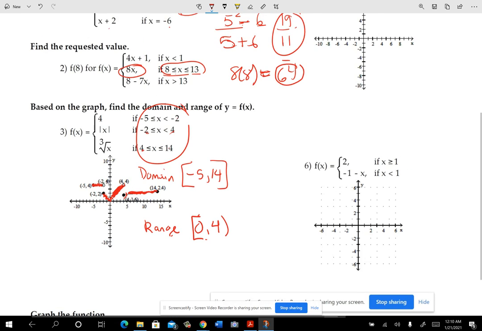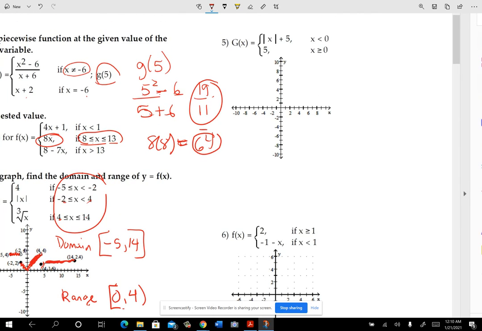Okay, let's go ahead and look at these two because they're in this snip, and then we'll come back and do the other one. So here it works well to think, okay, x equals 0 is where I'm going to break my graph. When I'm to the right of the y-axis, I'm going to graph y equal 5.